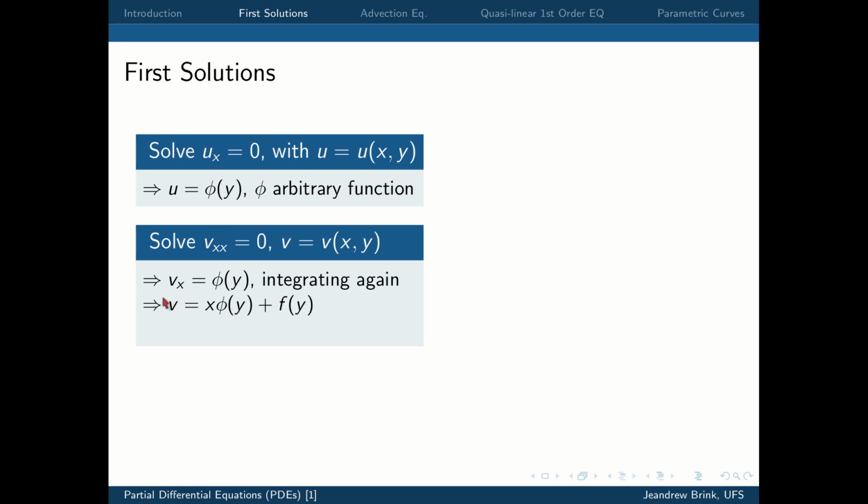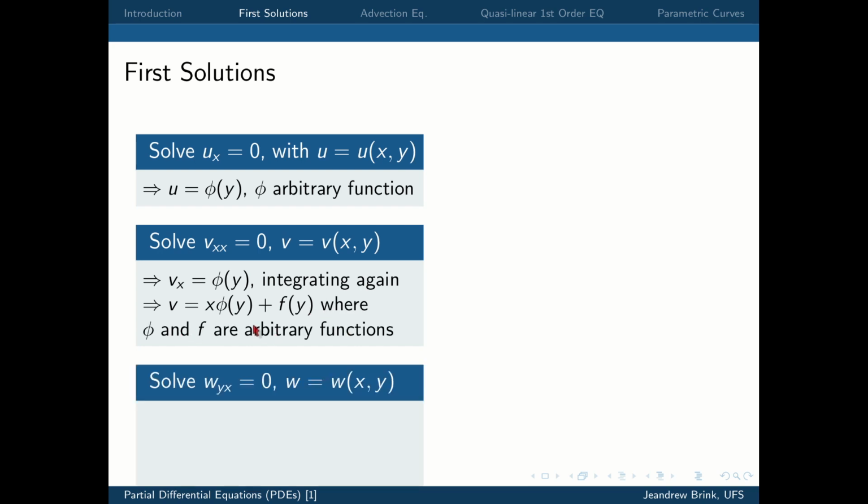What we get is that v is the integral of this thing, which is effectively constant with respect to x, plus another arbitrary constant that's a function of y. So what we're basically doing in these examples is, wherever we have a constant, we must remember it's a constant only with respect to the variable we are integrating with, and that it can arbitrarily depend on the other variable as well. Okay, so functions phi and f are arbitrary functions.